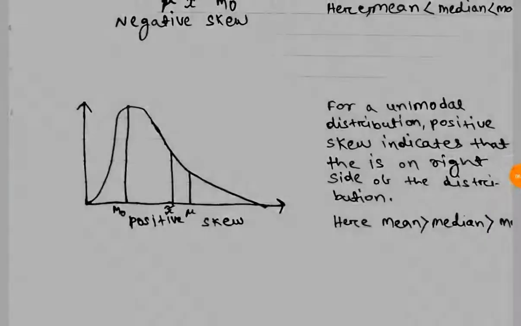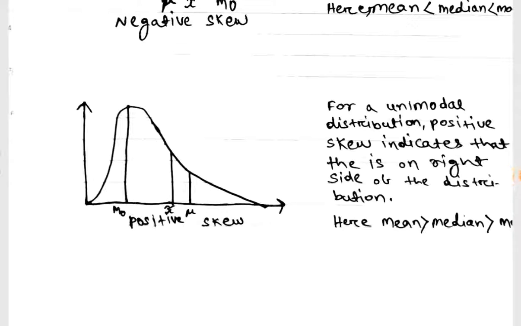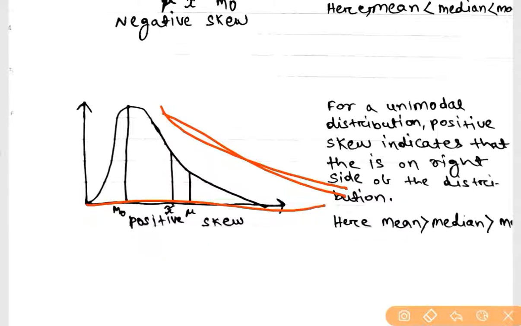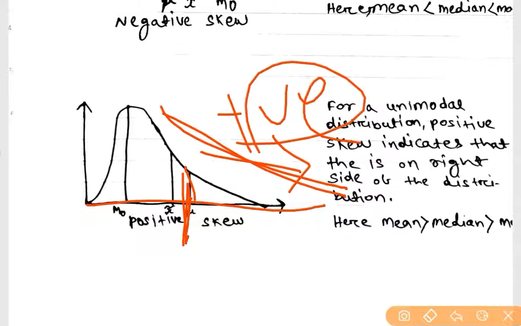One more kind is the positively skewed distribution. In a positively skewed distribution, the tail is longer on this side. The mean is present in the middle, and the skewness is found on the positive side, so that's why it is called positively skewed.